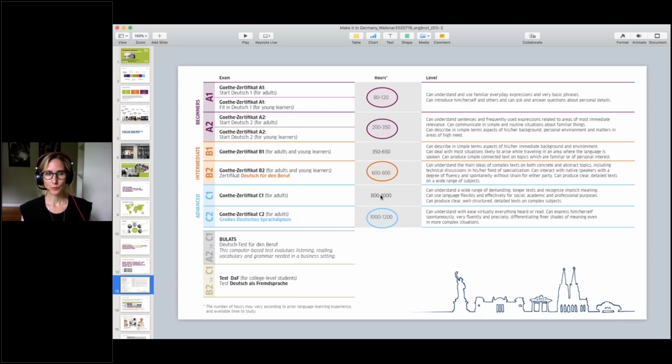And to complete A1 and A2, it'll take 350 hours as a maximum on average. Of course, every person is different, and you might be a lot faster, or it might take a little longer, but that's sort of the average it takes to be able to speak German on a good beginner's level.